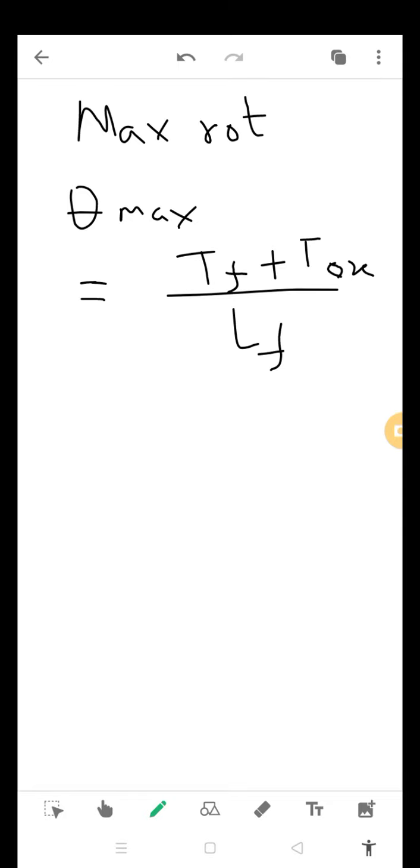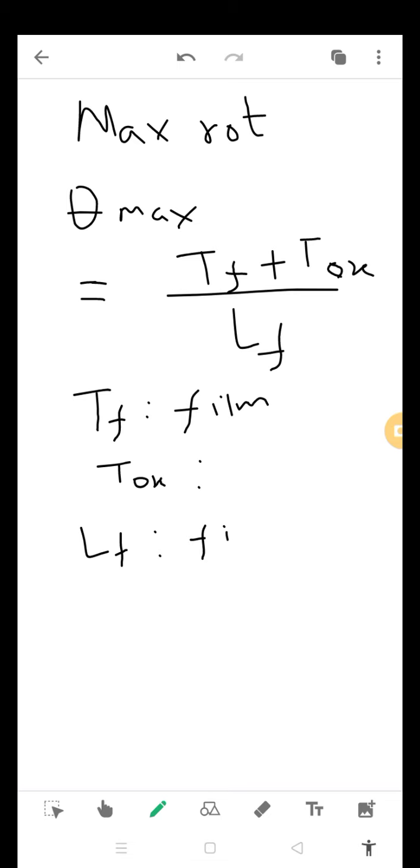Tf is the thickness of the upper layer of the film, Tox is the thickness of the oxide layer, and Lf is basically the finger length.